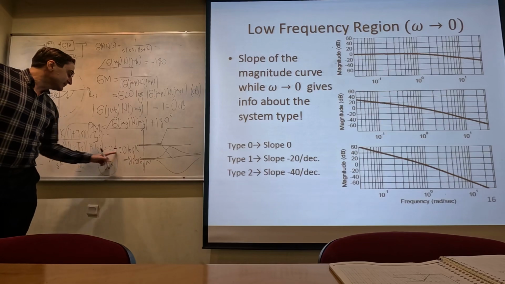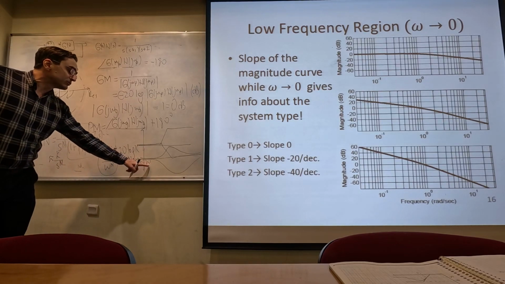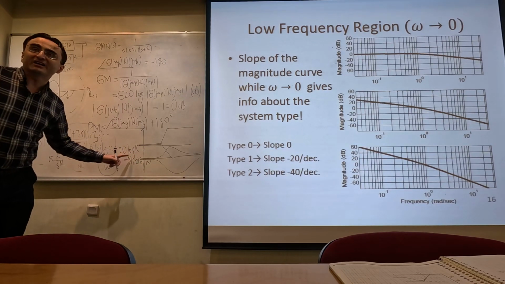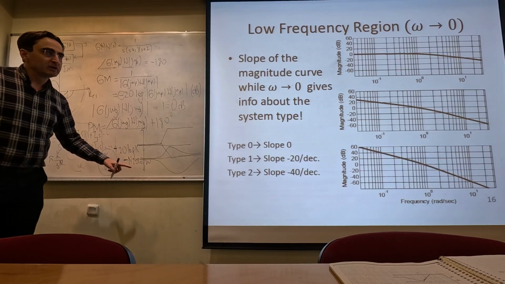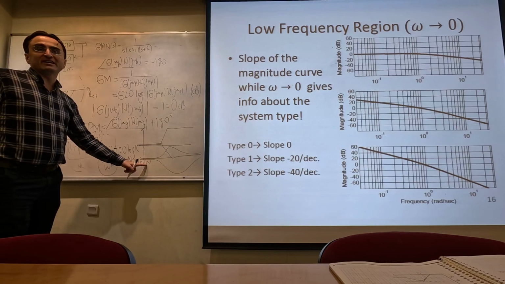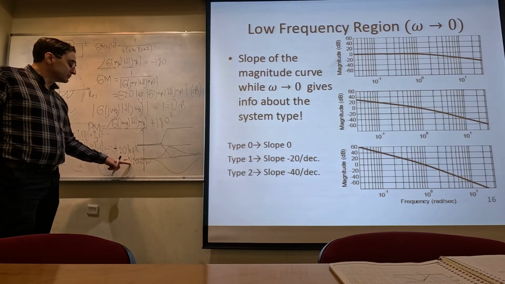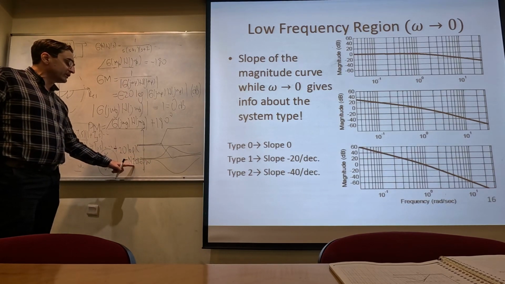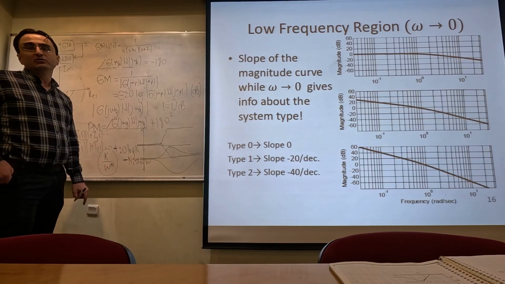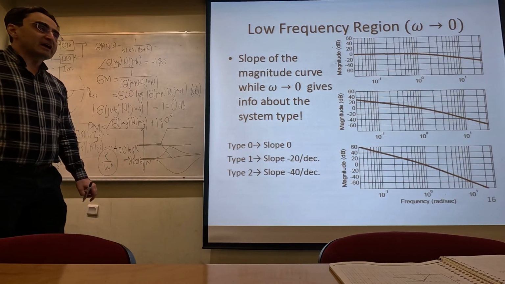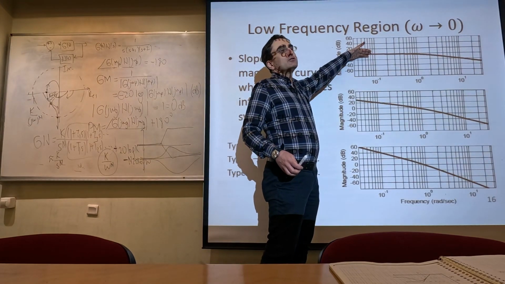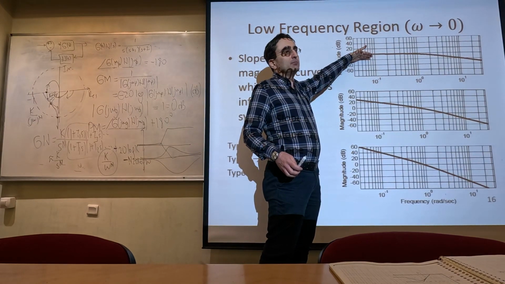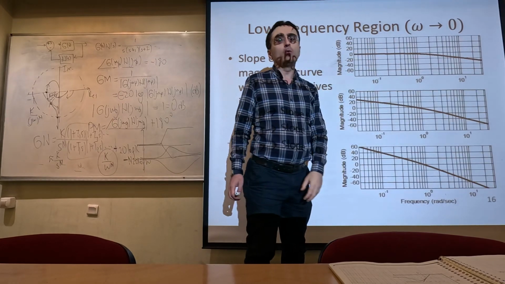So when I look at this magnitude with respect to log omega, it's going to be a line with n times minus 20 slope. Okay? So here when I increase omega 10 times, the magnitude is going to be decreased by n times 20. So this actually means that the slope of the curve is going to give us the type of the closed loop system. Okay? If the slope is 0, what is the type?